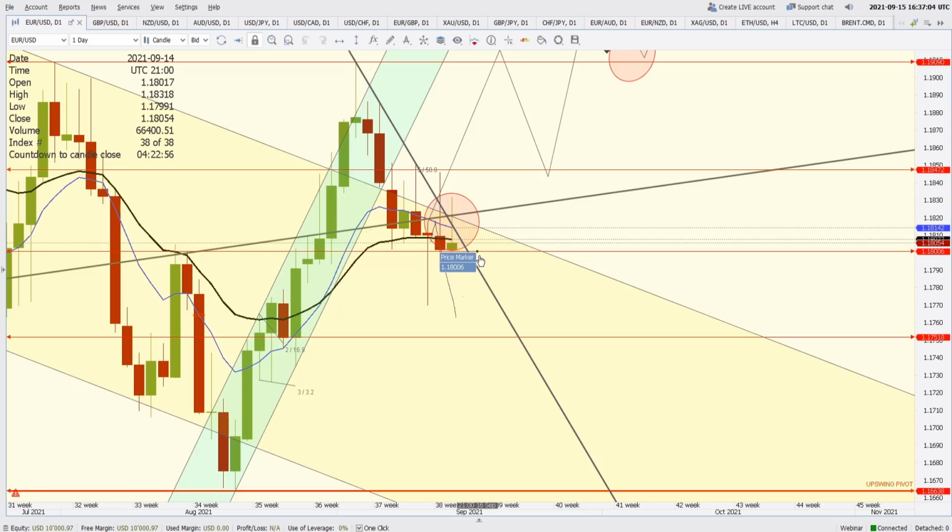Till the time we don't see a close below 1.1800, 1.1751 will not be exposed. It may be possible that today we see a close below 1.1800, and if we do, then there can be a follow-up to 1.1751. But on the contrary, if we see a climb to the higher side, then 1.1847 is still going to be the resistance for this pair.